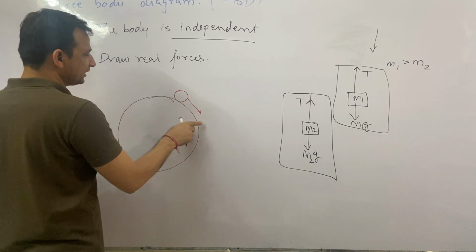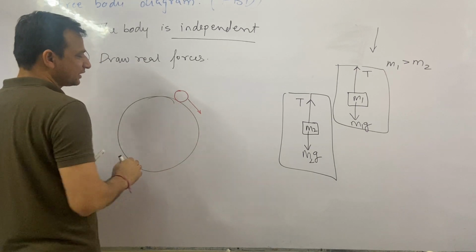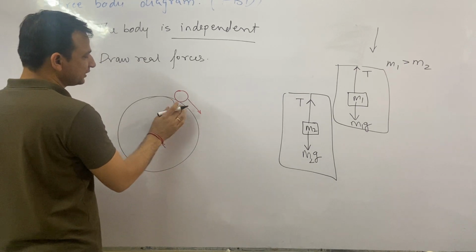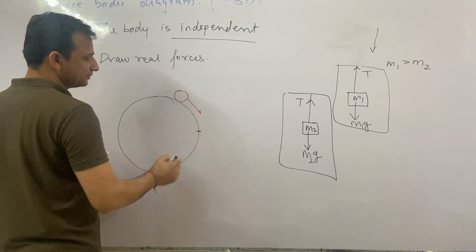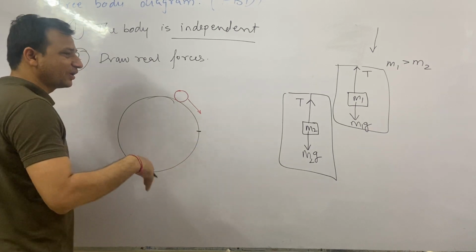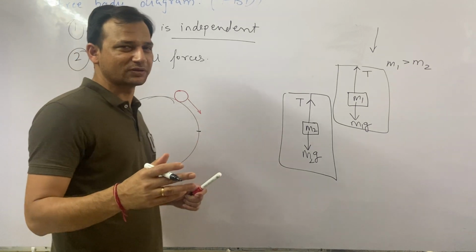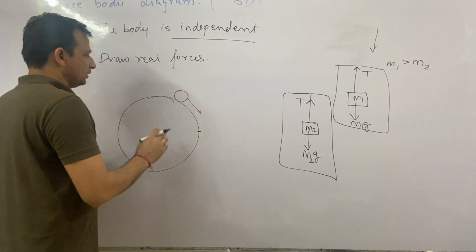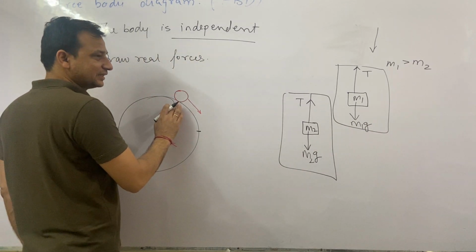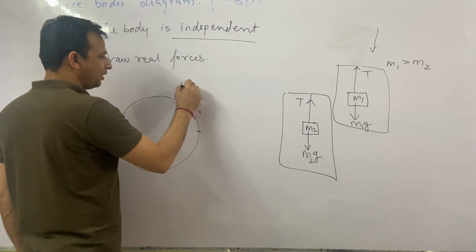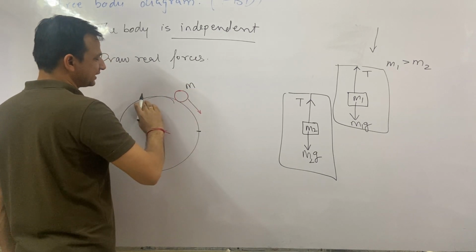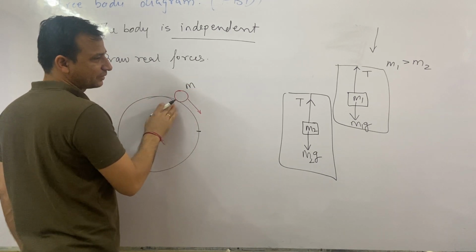When it's rolling down this circular path, up to this point at least it may or may not be in contact depending on the velocity. But at least at this point, this mass M is in contact with this circular path.